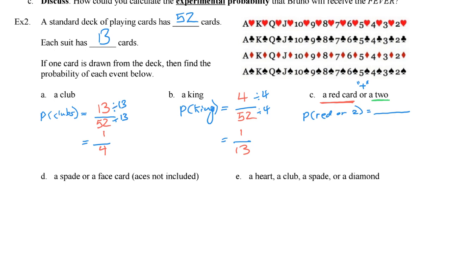And in that case, you're going to say that we have a possibility of 26, because 13 plus 13 is 26. And "or" means plus. And what we're going to do is add the number of 2s, or a 2.